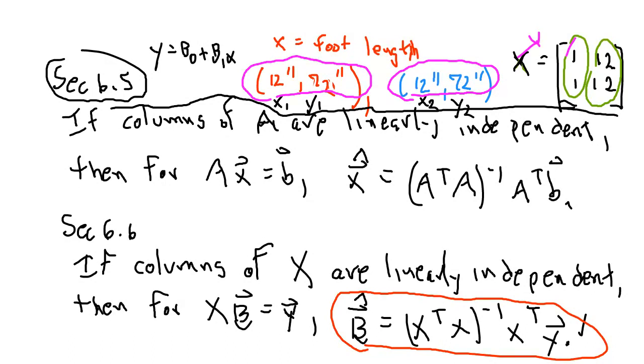Let's try to have everybody participate here. Don't be afraid if you say the wrong answer. Nobody's going to make fun of you here. What can you tell me about the columns? The column vectors 1, 1, and 12, 12. Are those column vectors linearly independent or linearly dependent?